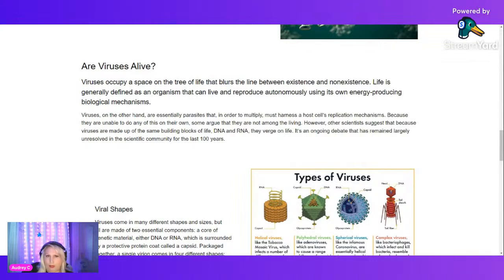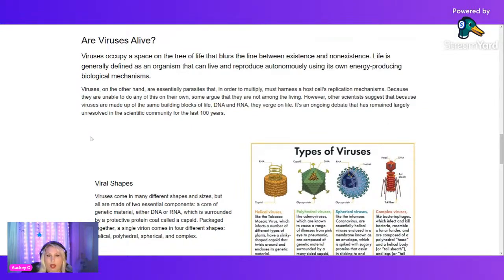Viruses occupy space on the tree of life that blurs the line between existence and non-existence. Life is generally defined as an organism that can live and reproduce autonomously, using its own energy-producing biological mechanisms. Viruses, on the other hand, are essentially parasites.